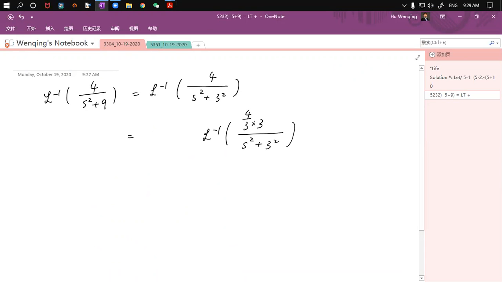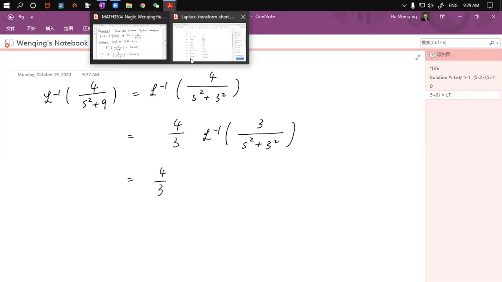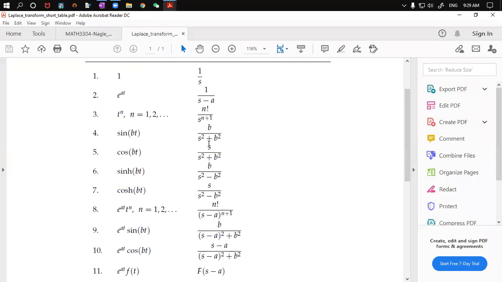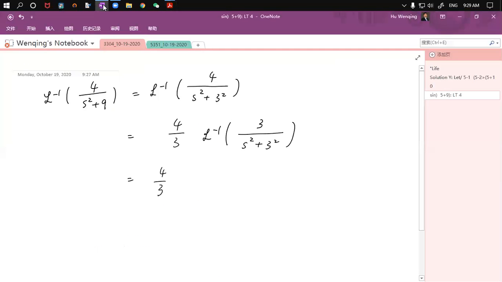Because the Laplace transform is a linear operation, the 4/3 can be pulled out of the inverse Laplace transform without affecting the result, because the inverse Laplace transform is also linear. Now the inverse Laplace transform of b/(s² + b²) is sin(bt), so therefore you just have 4/3 sin(3t). Is that good for everybody?